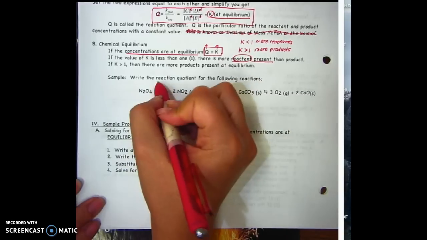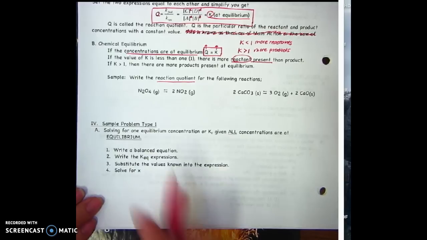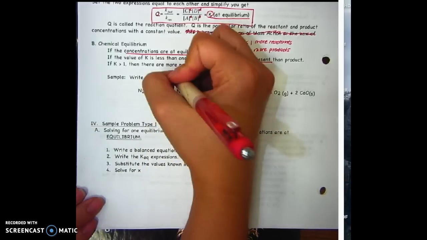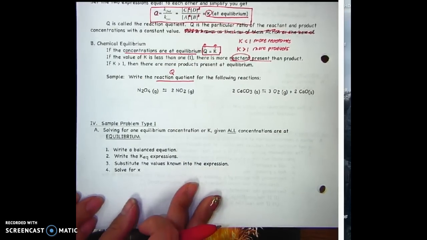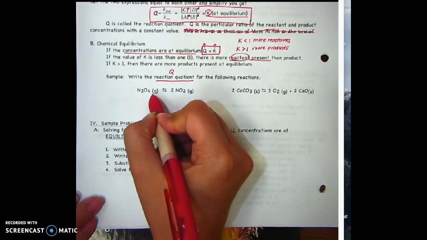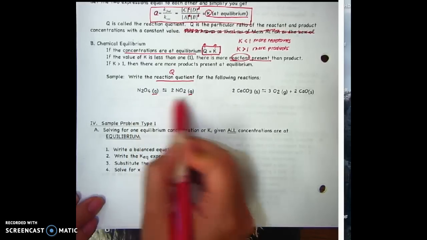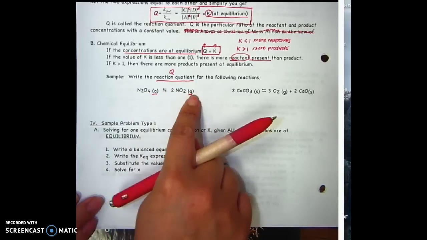Okay, so we're going to rewrite the reaction quotient for the following reactions. Because it says reaction quotient, we know that we're writing a Q expression, and it's really the same thing as a K expression, except we don't know whether it's at equilibrium or not. So the first thing I'm going to do is check all the phases here. If there were any solids or liquids, I'd cross them out because they don't matter. But here we just have gases.